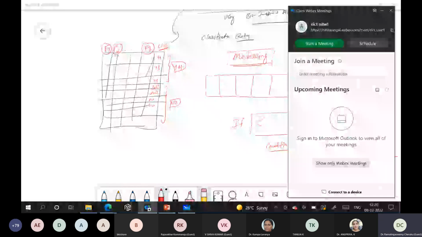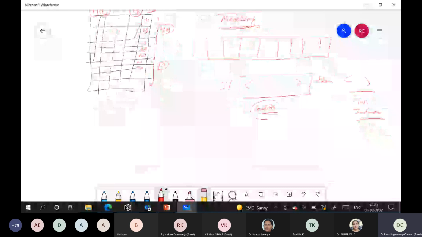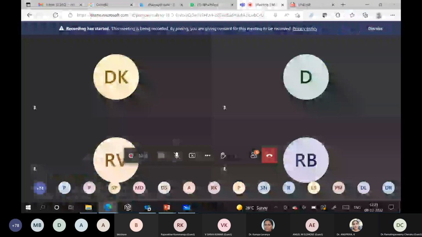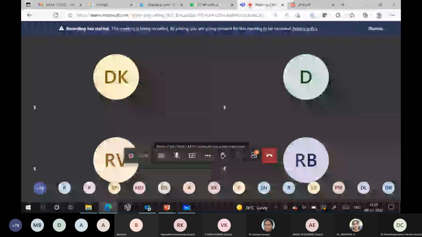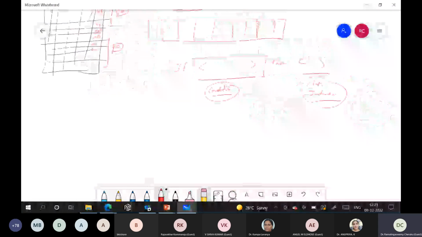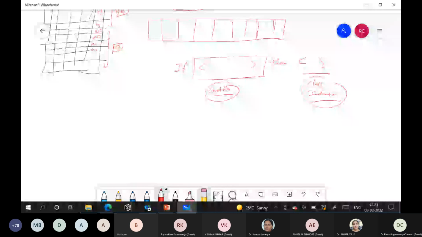So in the if part you have a condition part, in the then part you have the class information. In the if part, you have a condition on top of the features.